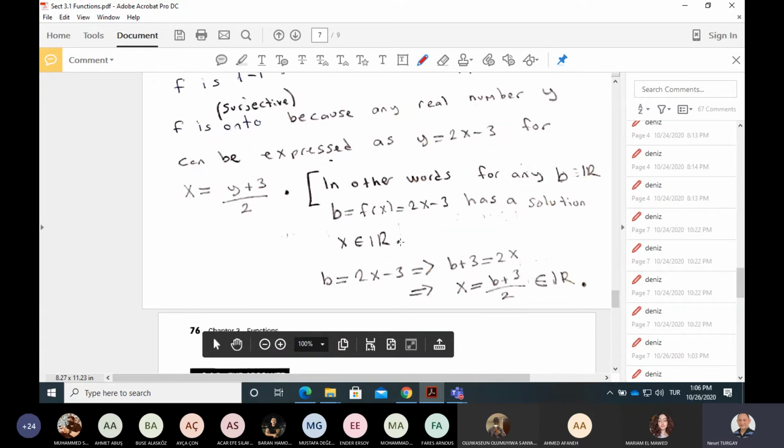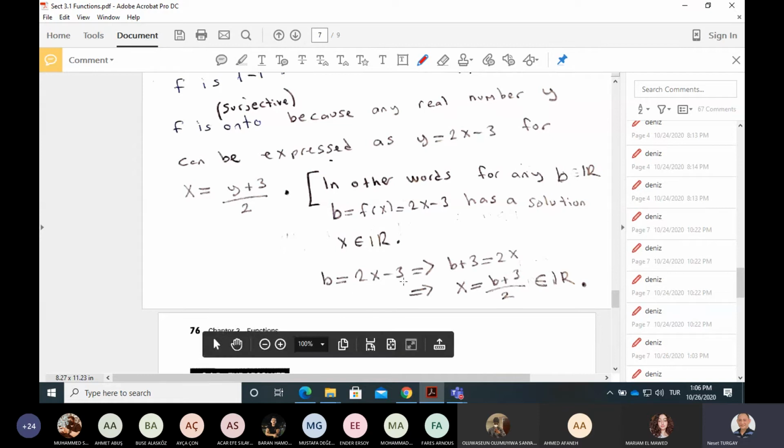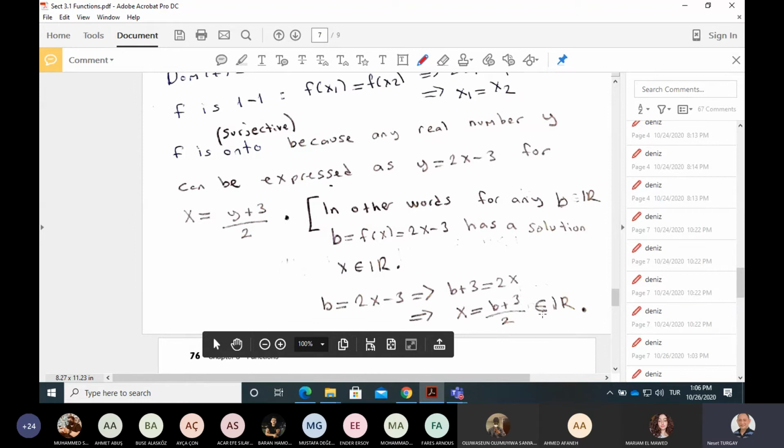In other words, do you remember in the beginning of the class we said for any b in real numbers, b is equal to f of x. Okay, 2x minus 3 has a solution. x is in real numbers. So here you can solve this for any b because if b is 2x minus 3, then x is what? b plus 3 over 2. And this is in real numbers.